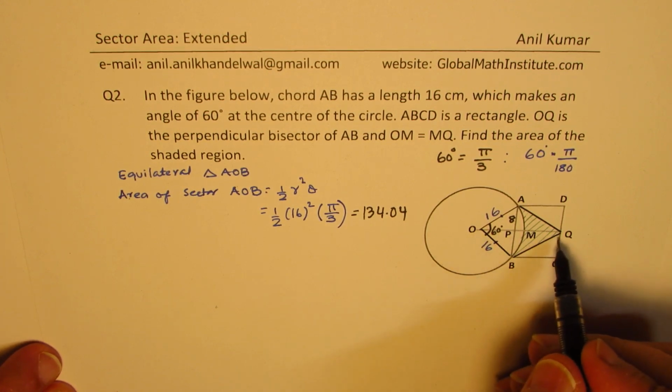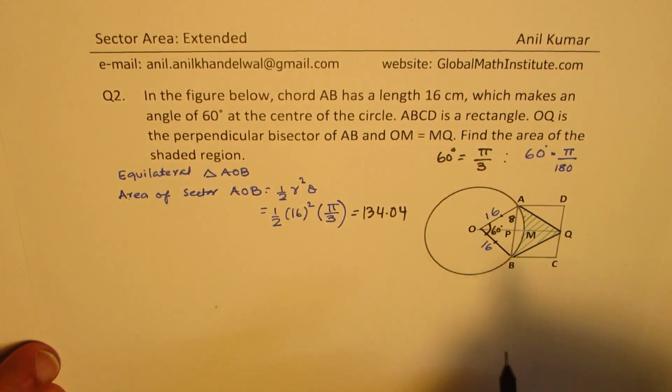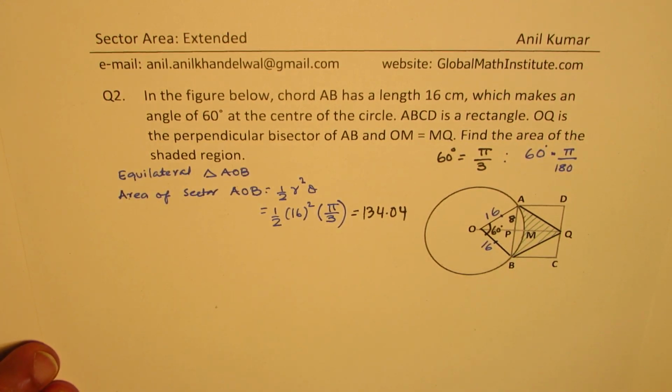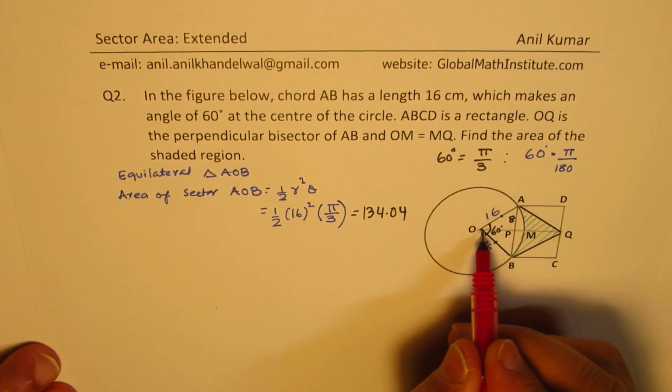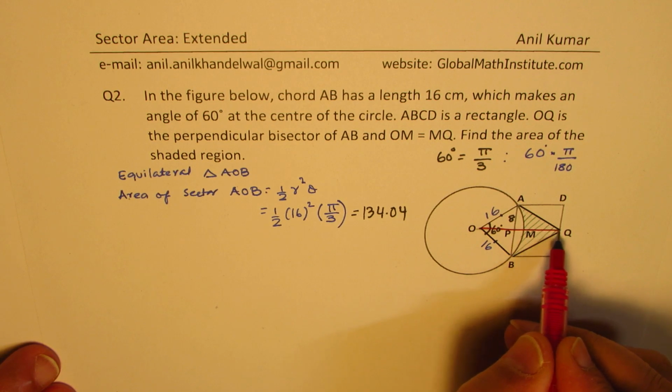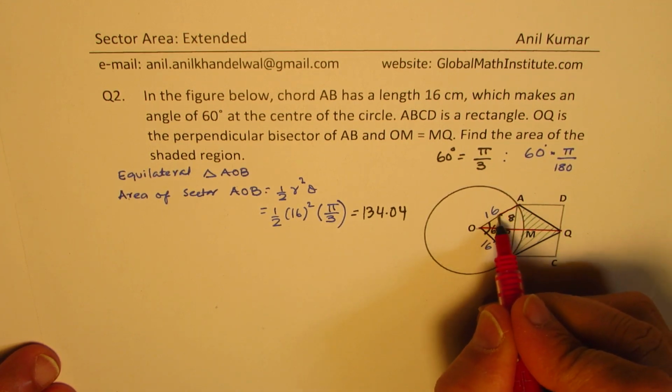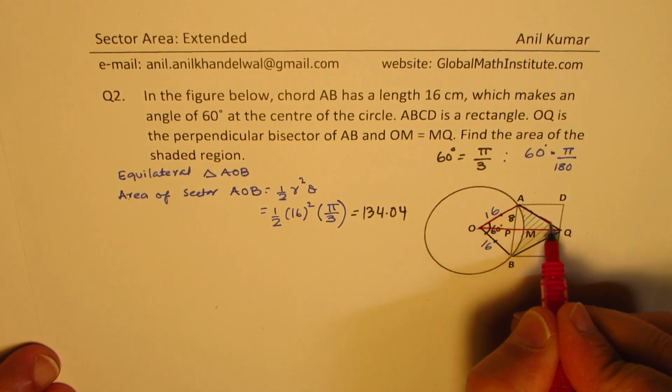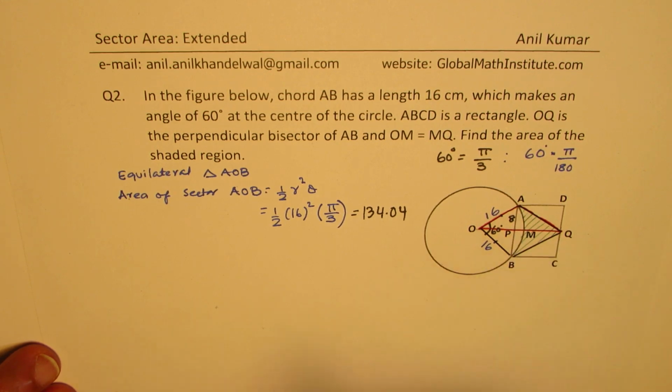Now let's figure out the area of the triangle. So what we'll do here is we'll consider half of the triangle first. That will be easy. So that becomes the height.